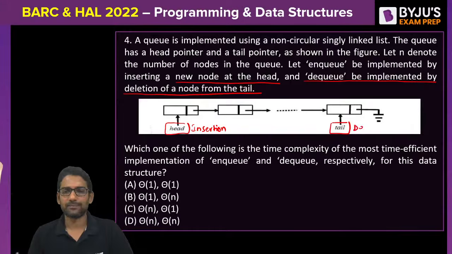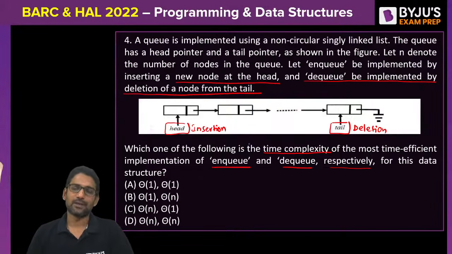Okay. Which of the following is the time complexity of the most time efficient implementation of NQ and DQ respectively for this data structure? So all are telling option B.